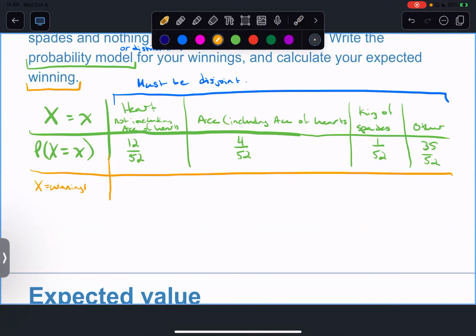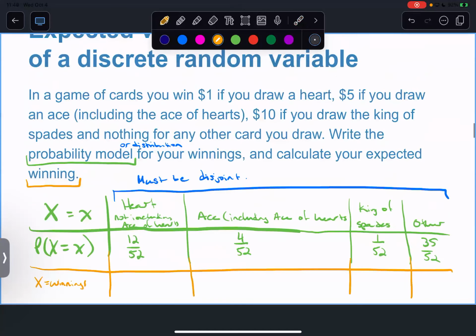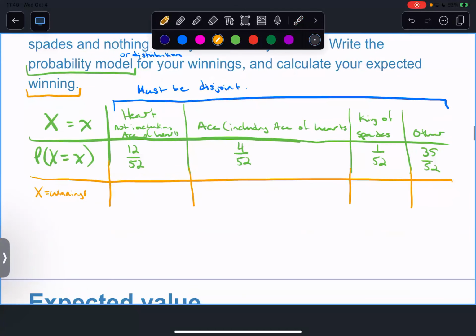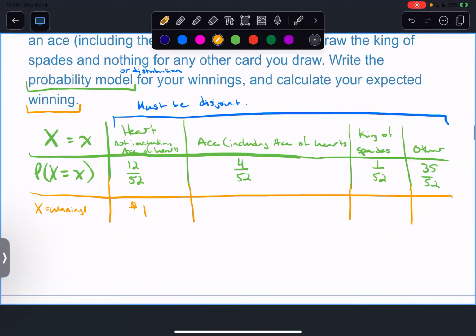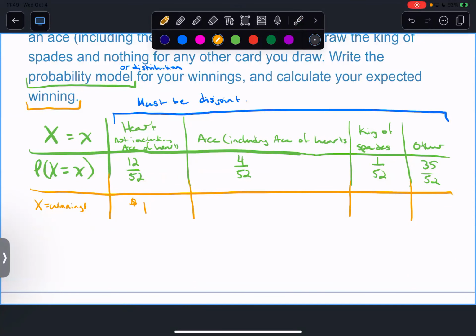So if we have the winnings for all these, well, we were told that if you draw a heart excluding the ace of hearts, you get $1 with the probability of 12 over 52. The ace, including ace of hearts, you get $5.